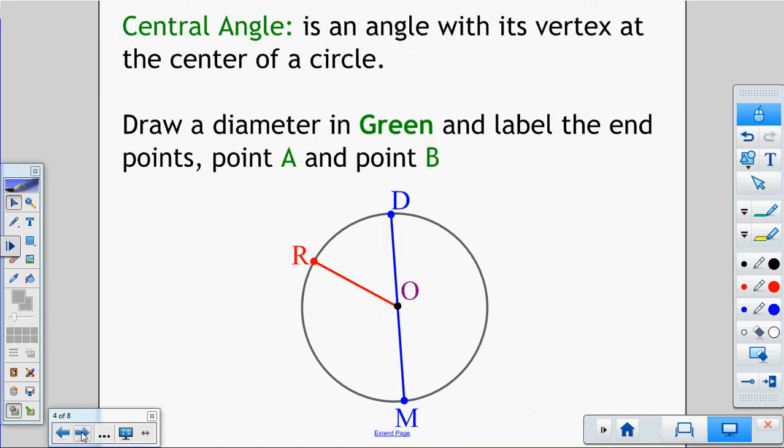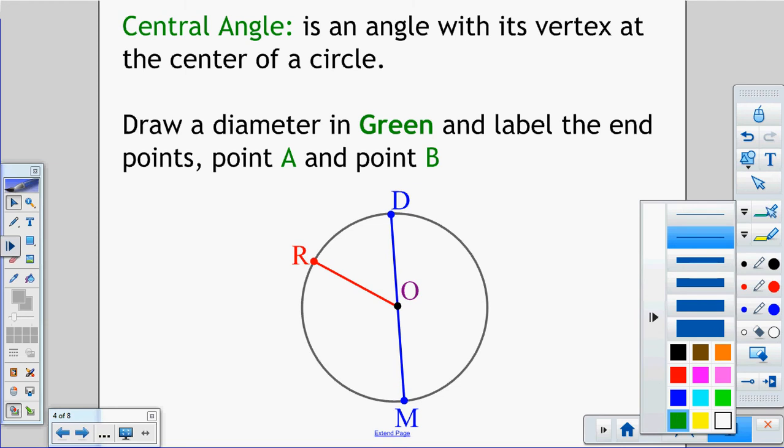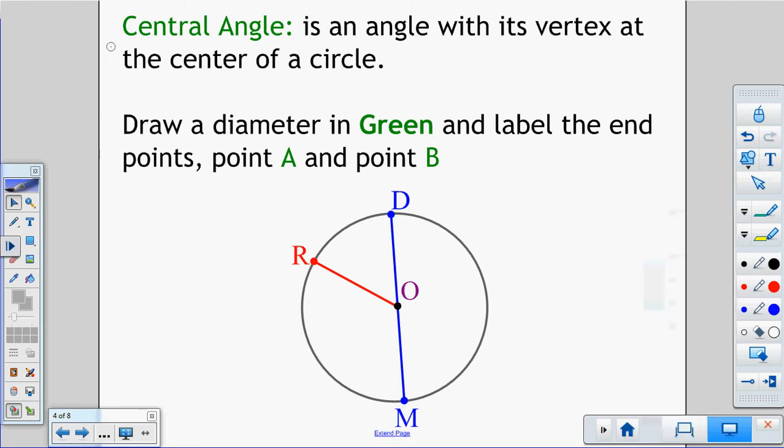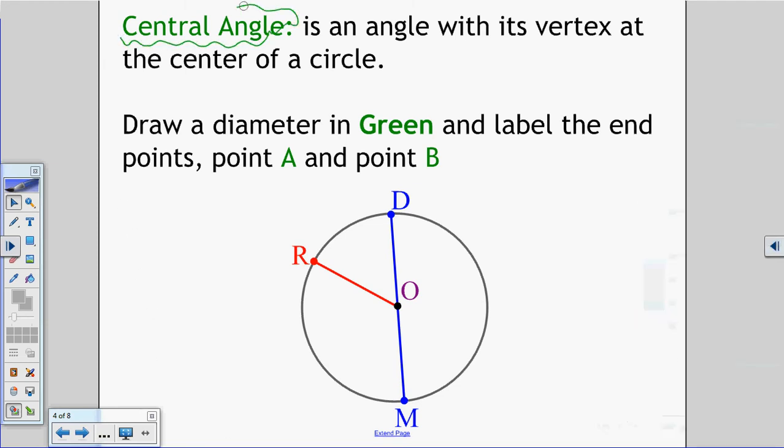Okay, central angle. So now I have my radius, I have my diameter. Central angle, and if you've noticed, I've tried to do these color-coded. So a central angle, write this in your notes, is an angle with its vertex at the center of a circle. Now, an angle looks like this, with this point being the vertex.